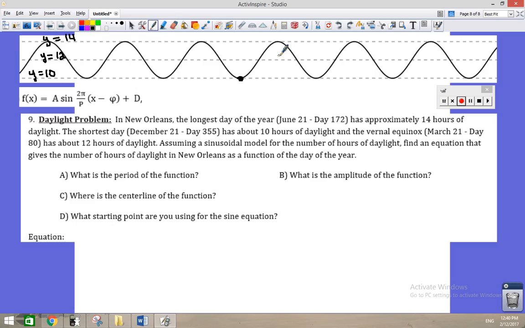So there could be, let's see, day 172, day 355. So this is day 172, and this is day 355.